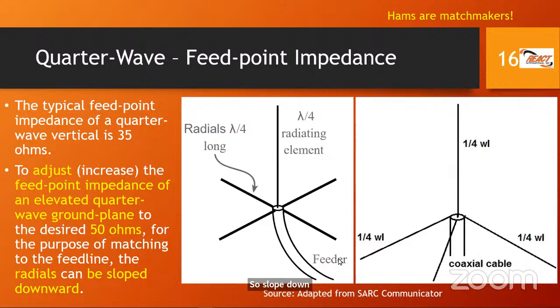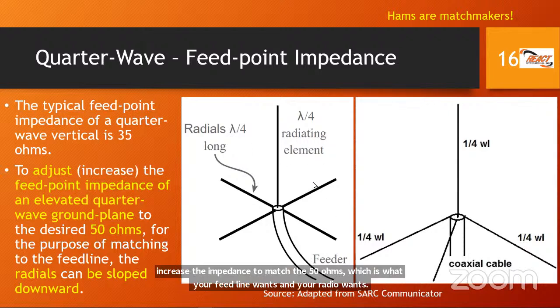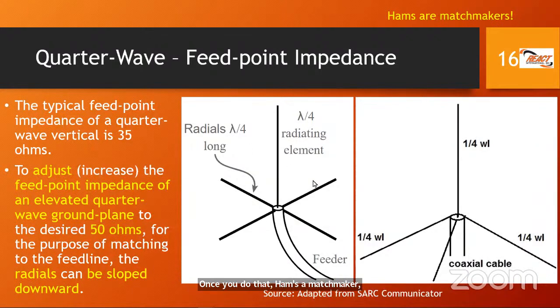Once you do that, everybody will be quite happy. Your radio, your feed line, your antenna, you by extension, and the other amateur radio operator that you're communicating with will be that much happier because you're transferring maximally. Your signal is getting out from your antenna into free space to the next antenna and vice versa. That's what you're trying to achieve, and you need to have a pretty good match.